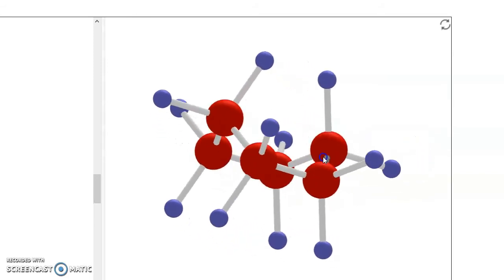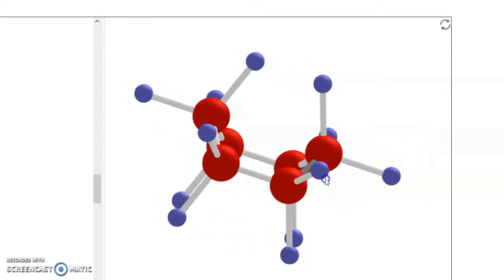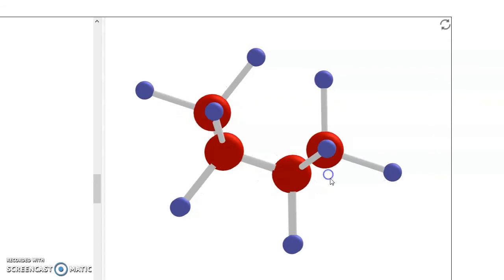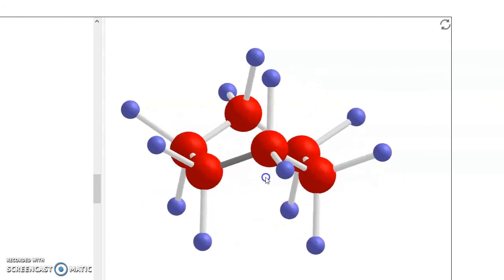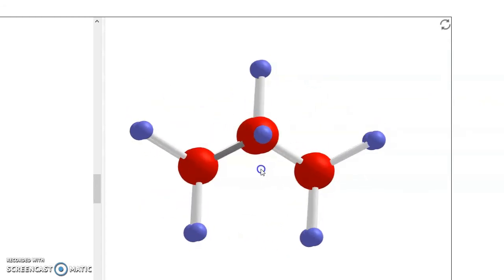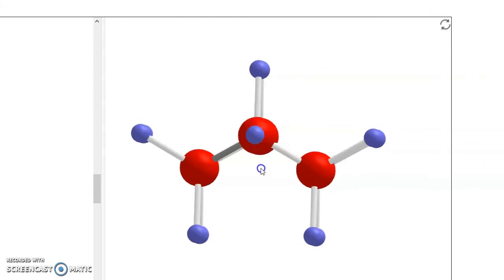Okay, 2 eclipsed butane units and 4 gauche butane units. So this is the way we can show the eclipsed Newman projection of our boat conformation. You just imagine this boat has been put upside down. Okay.